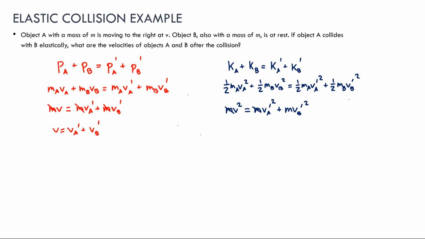So if I cancel out the m's, I'm left with v squared equals VA prime squared plus VB prime squared.